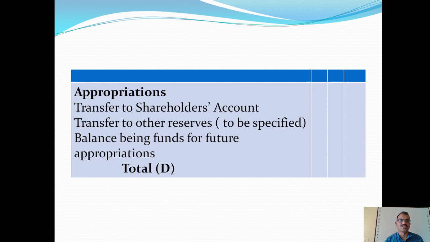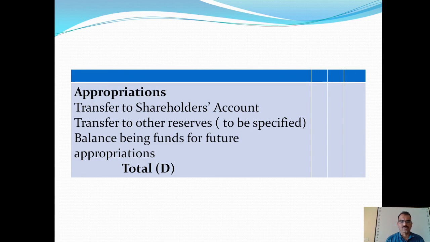The next section is appropriations. The first item is transfer to shareholders' account. The second item is transfer to other reserves; the items transferred to other reserves must be specified here. And take the balance, the balance being funds for future appropriations.